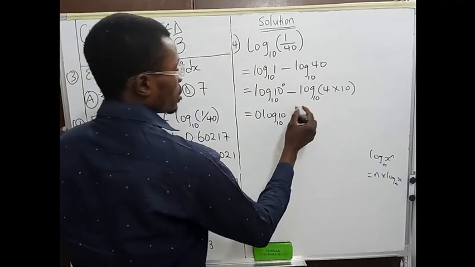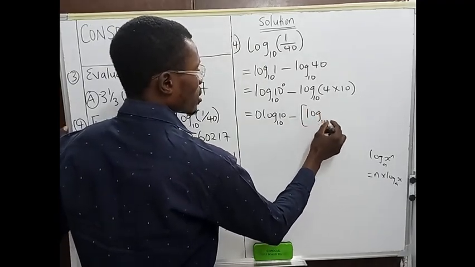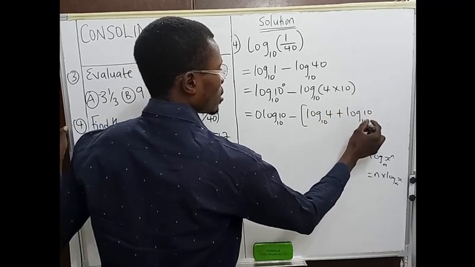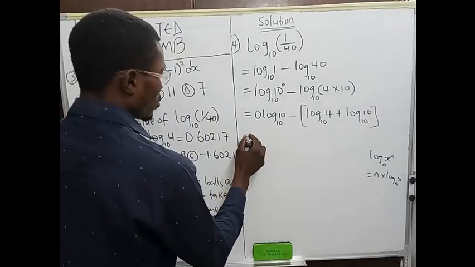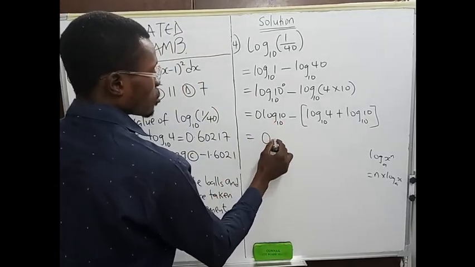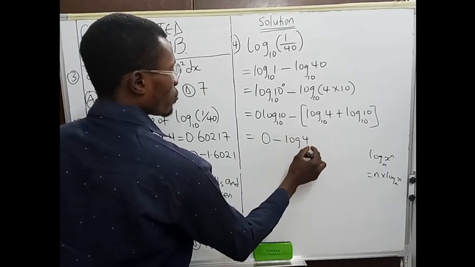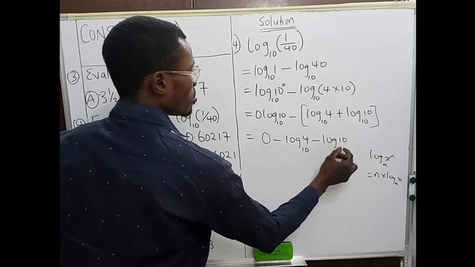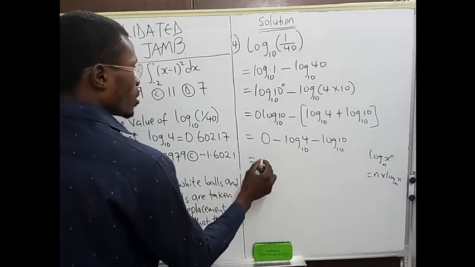All right, then for this I have minus log base 10, log 4 plus log 10, right? This will give me what now? This will become 0, right? 0 minus, open the bracket with this negative, log 4 base 10 minus log 10 base 10. All right, and this will give me what now?